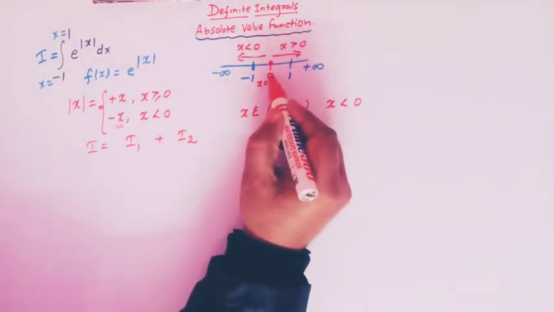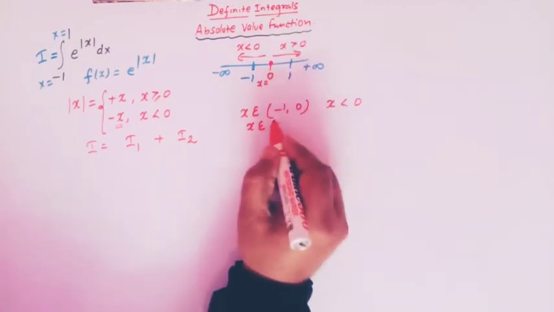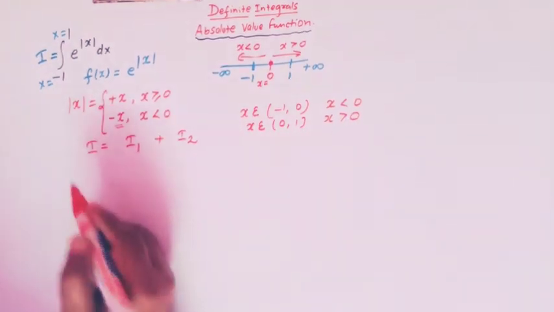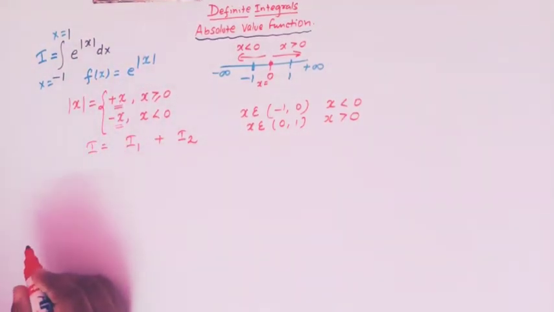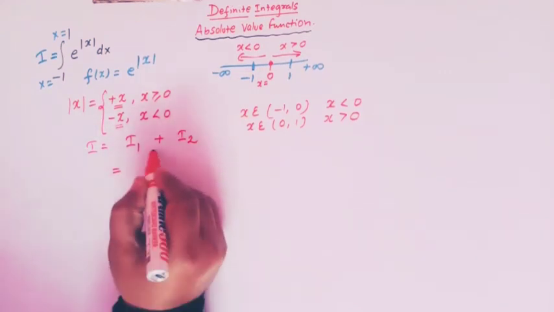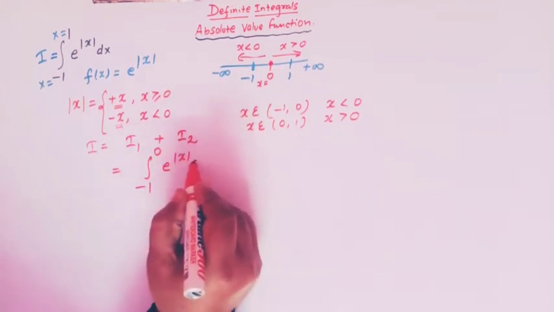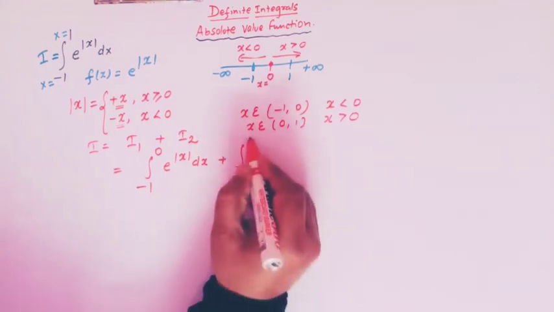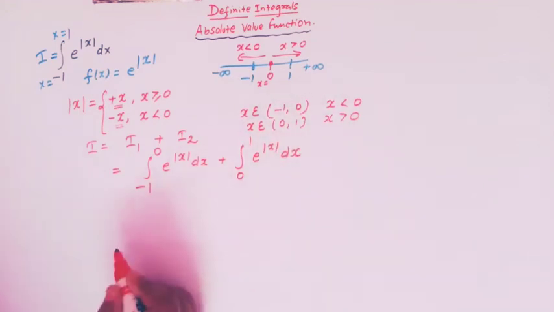When x belongs to the interval from 0 to 1, x is greater than 0, so we'll take mod of x equal to positive x. So now I1 is from -1 to 0 of e raised to mod x dx, and I2 is from 0 to 1 of e raised to mod x dx.